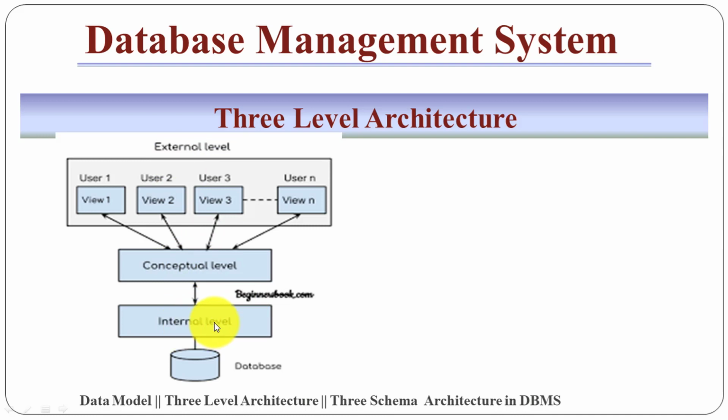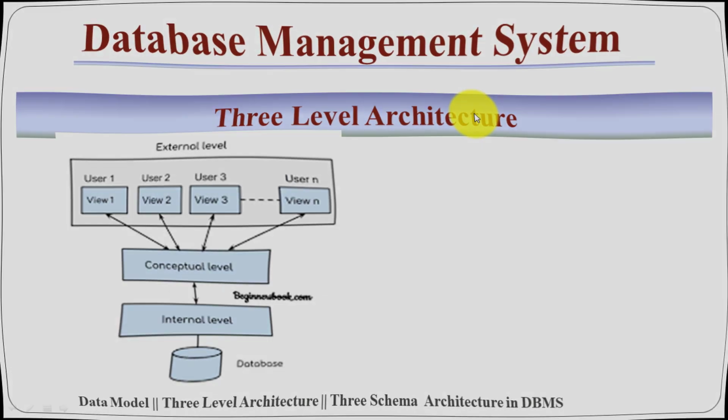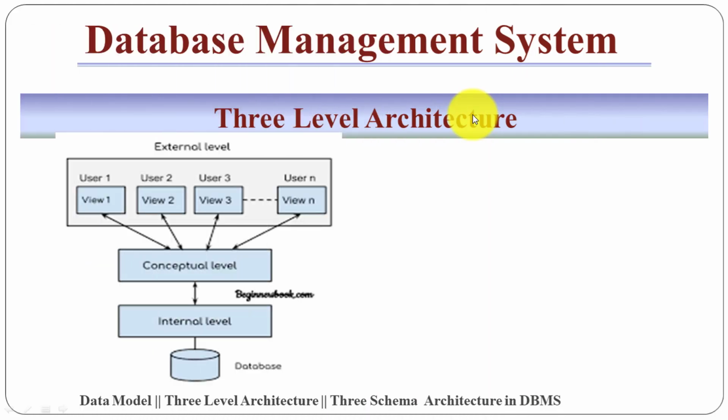Now, in the previous video we discussed what is meant by architecture or schema, which is nothing but structure or one kind of blueprint. Let's first revise what the schema is. Schema is nothing but architecture. For example, consider the student table. In the student table there are different kinds of columns, or we can say attributes, in a relational database.